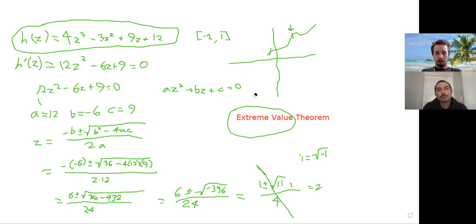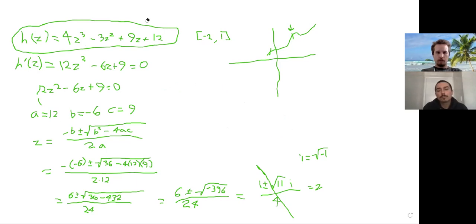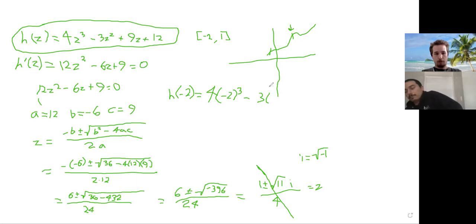And when you plug in h of negative 2, and then h of 1, we'll get our 2 endpoints, and we'll find out which one's the max and which one's the min, just by determining their y values.